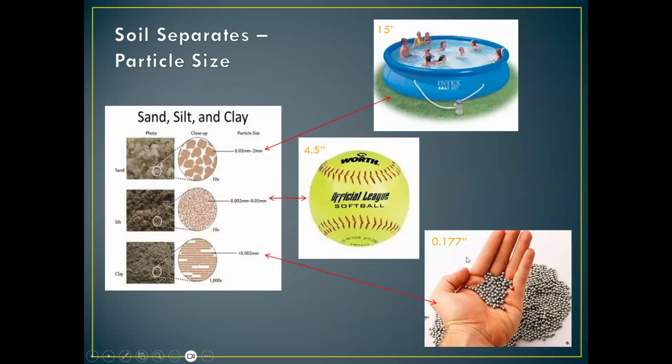And then a clay particle would be the size of a BB. So if I had one sand, one silt, one clay, it would be like a 15-foot diameter pool, a softball, and a BB. You can see how the different particles have such a different relationship to each other in size. I know the numbers for millimeters and a decimal point are hard to conceptualize, but that's how we would relate between them if we scale them up, so to speak.